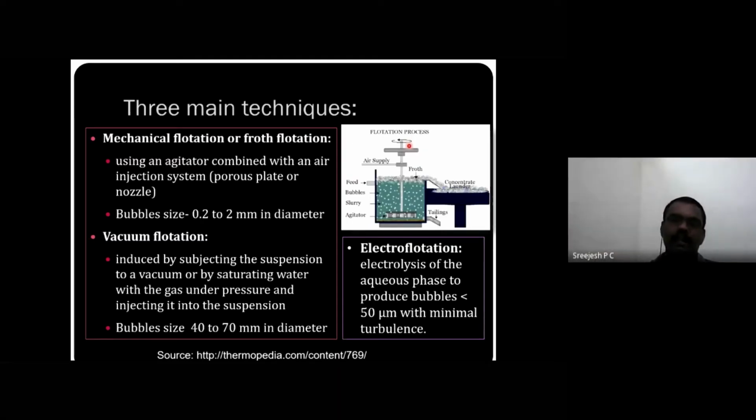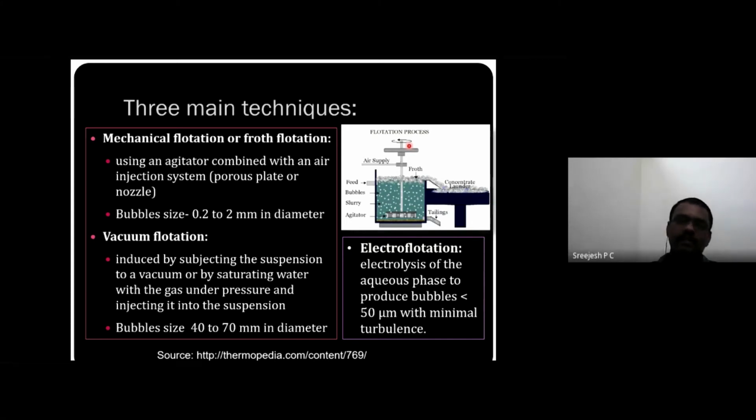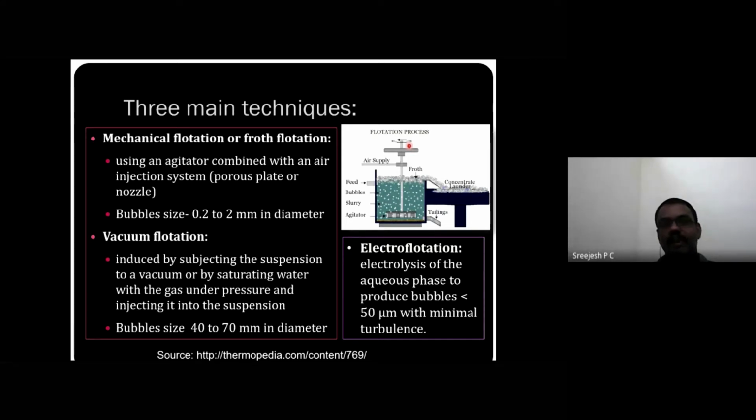In industry, there are different techniques of flotation you will be able to see. The three main categories of flotation equipment are, one, driven with mechanical power. We call it mechanical flotation. Here it is a very simple instrumentation which will have an agitator combined with an air injection system.